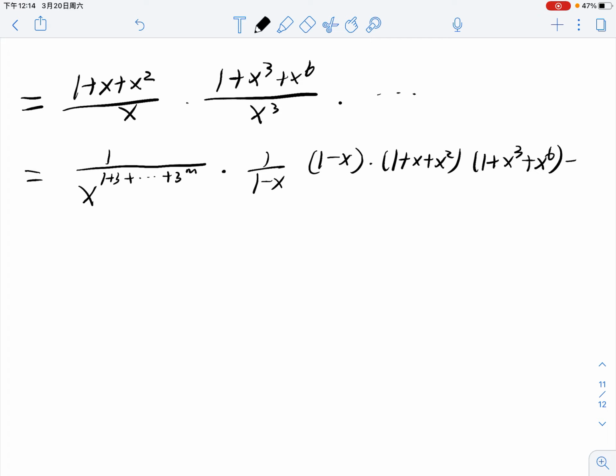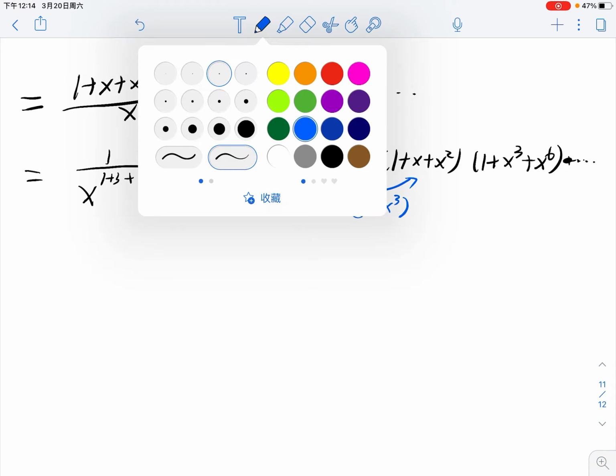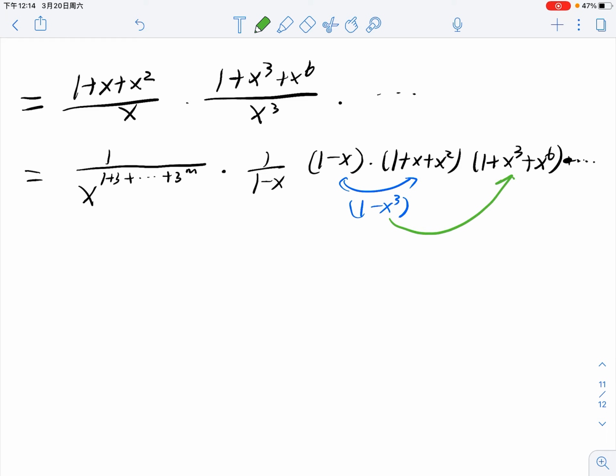And then the tricky part is the product is 1 minus x cubed. Then if you combine 1 minus x cubed times 1 plus x cubed plus x to 6, this is 1 minus x to 9.